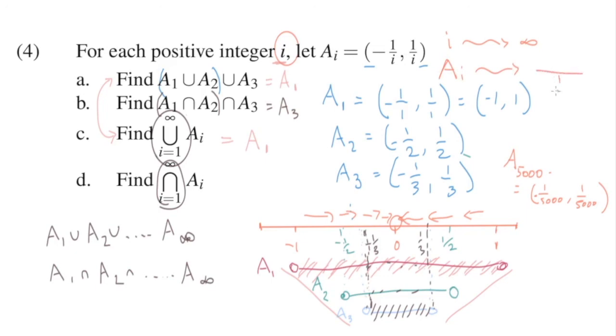So if there's the number line 0, it gets closer and closer to 0. The only number which is common to every set A1 to A infinity is 0. So the only thing that would be in their intersection is the set containing 0.